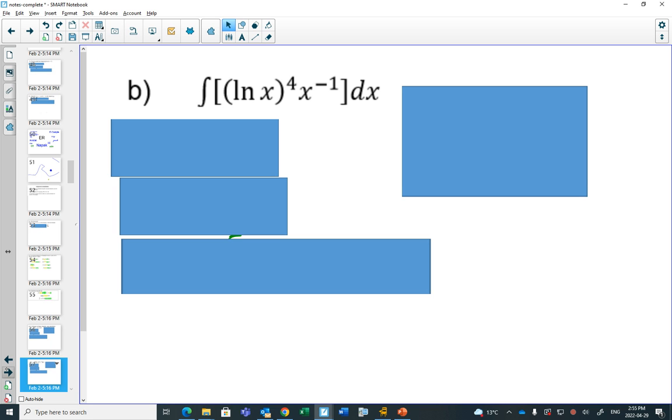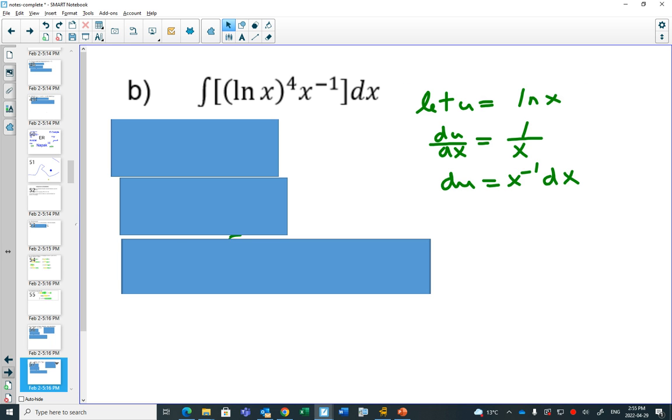But again, we notice that the inside function, the ln x, which is inside a power of 4, has its derivative present, because the derivative of the natural log of x is 1 over x, which could be written as x to the minus 1. So we can say, let u equal the natural log of x. The derivative is 1 over x.